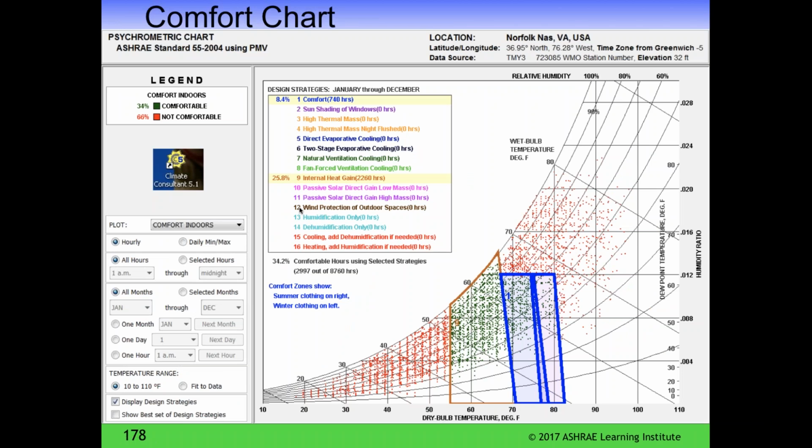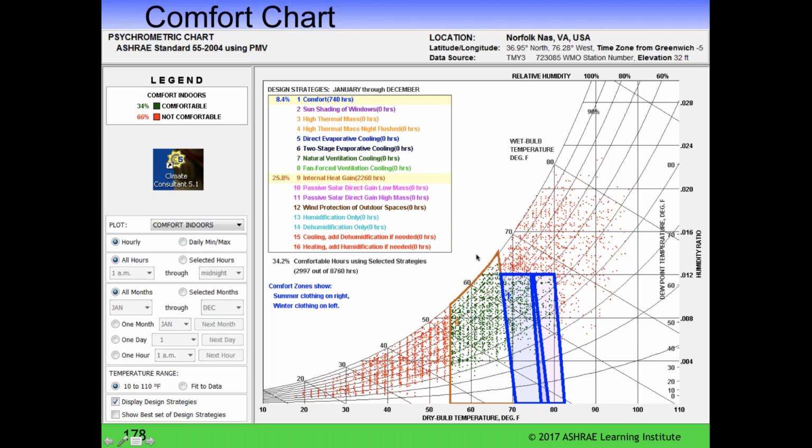Now, a very simple tool that's available from UCLA, Murray Milne's shop at UCLA, is the Climate Consultant, and it uses EPW weather, hourly weather for a year, and produces some interesting graphic results and some analysis for design strategies.